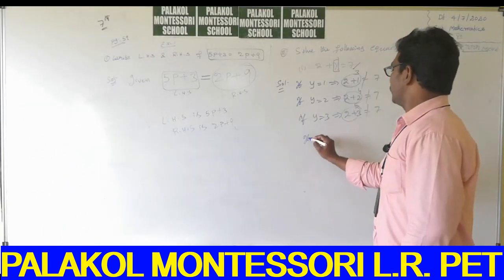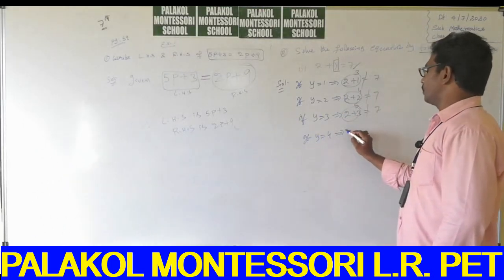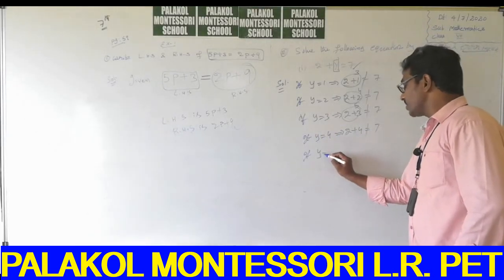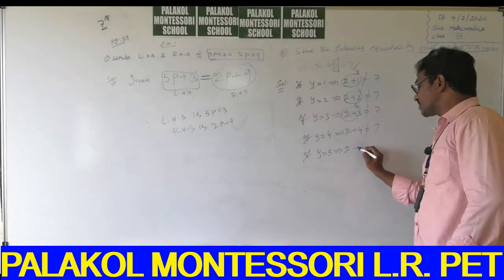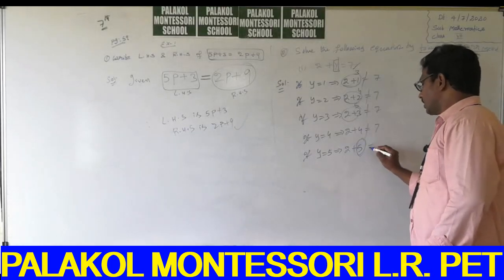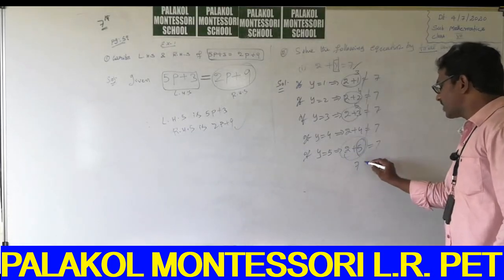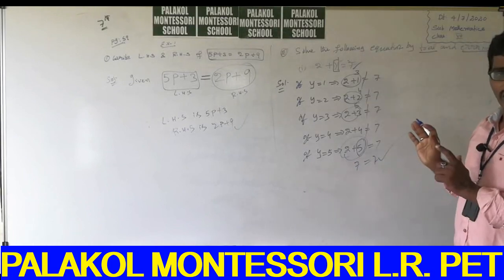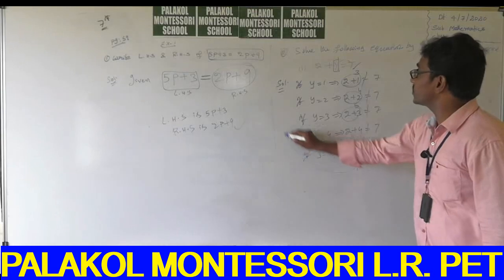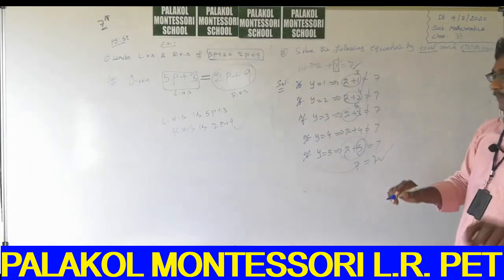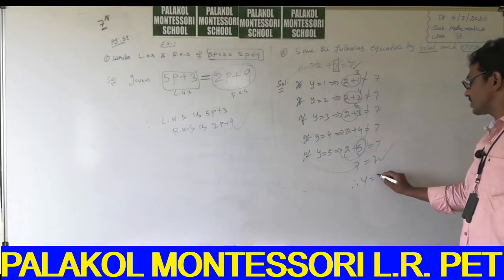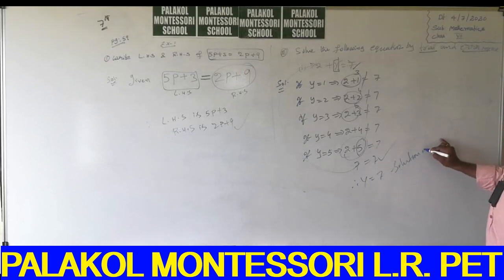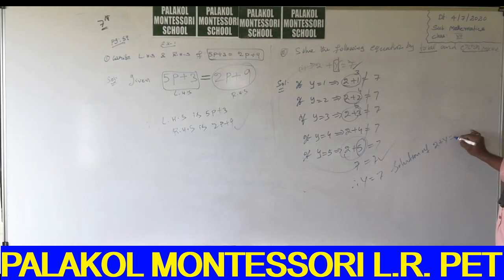If y is equal to 4, 2 plus 4, it's not satisfied. If y is equal to 5, check it guys, 2 plus 5 is 7, 7 is equal to 7. So it equals the RHS value. So 5 satisfies this equation. That means y is equal to 5, and 5 is a solution of 2 plus y is equal to 7.